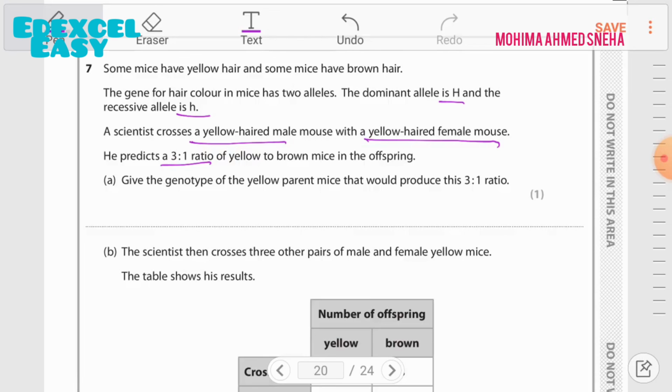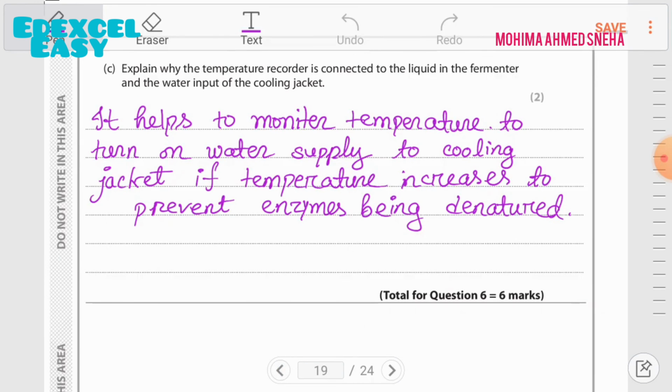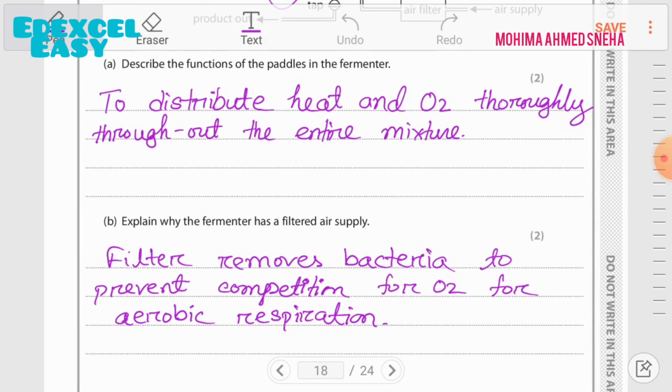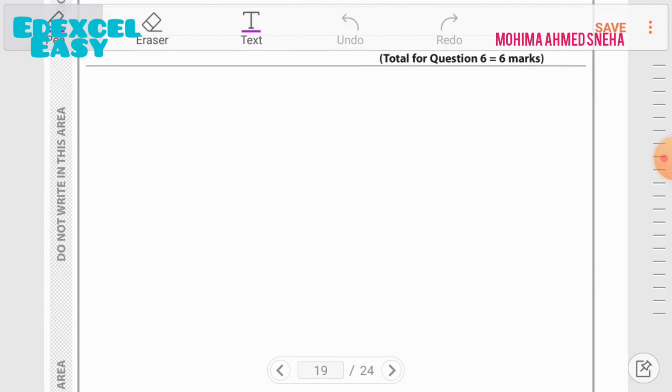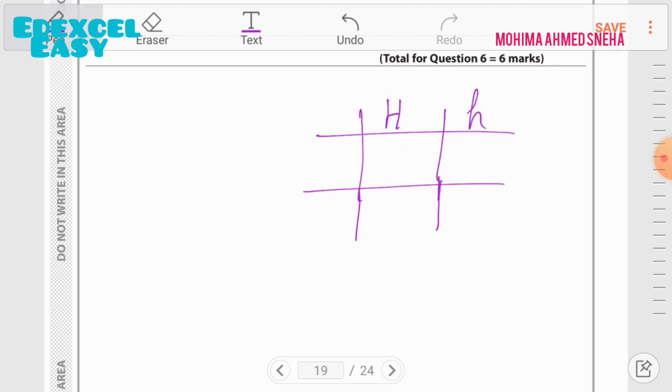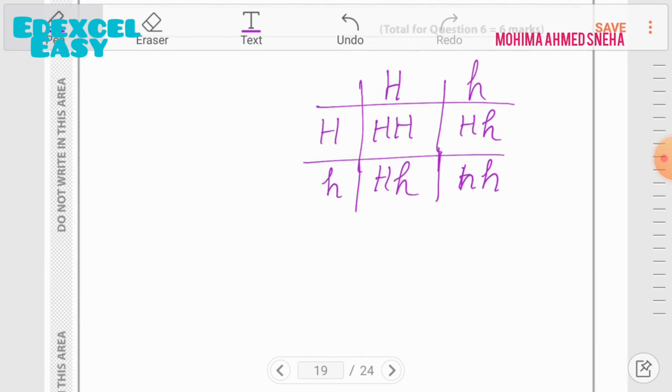So I do not know how this will happen, so at first I will have to draw a Punnett square. I randomly took that both parents will be heterozygous. As I'm considering they both are heterozygous, they will both have one capital H and one small h. That would create these offspring.